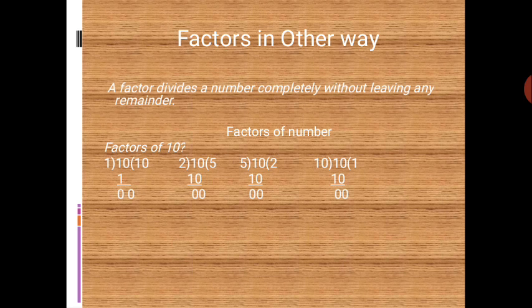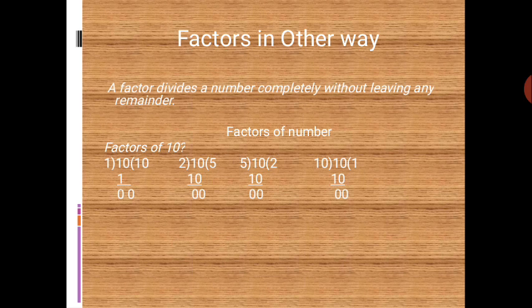If we divide 10 by 3, then we will have a remainder equal to 1. So 3 is not a factor of 10. If we divide 10 by 4, then also we will get a remainder, equal to 2. So 4 is also not a factor of 10.